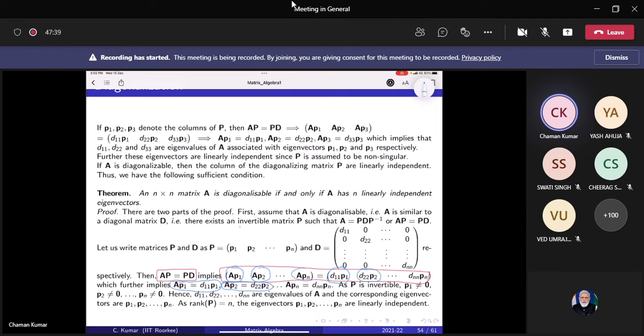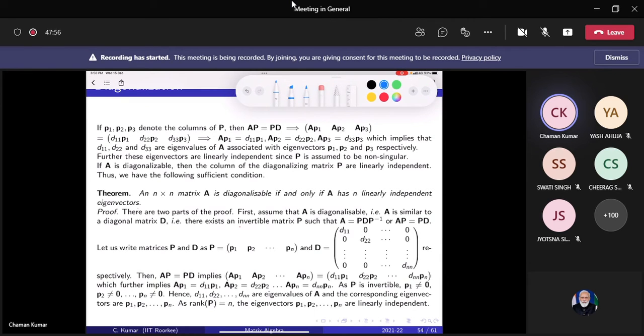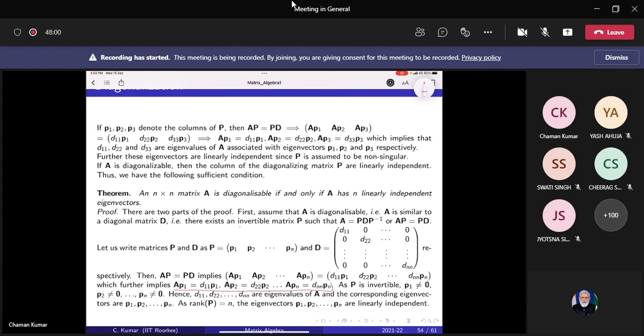And lastly, you have APn is equal to Dnn Pn. So you get these n relationships.